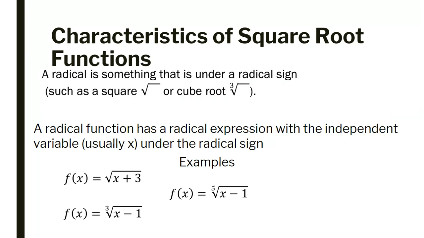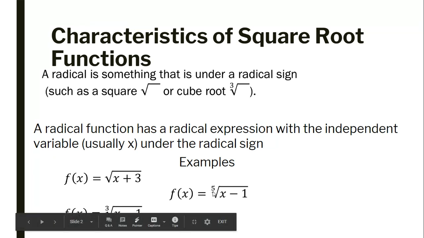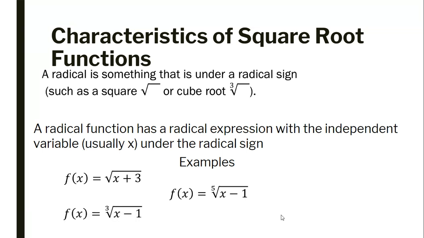Now, in this unit, we really zeroed in on square root and cube root, but you need to be aware that a root, in other words, this little number up here, could be any number.